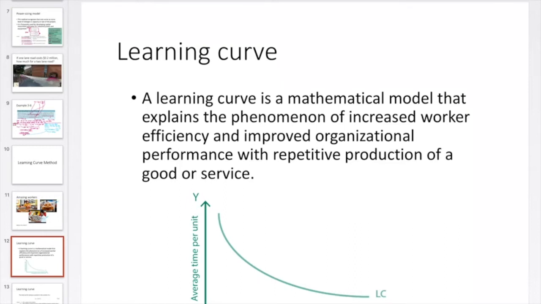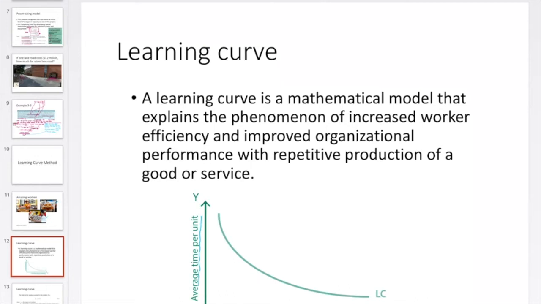So the more you produce, the more efficient you can be. And on this chart, the x-axis is the cumulative volume of production. So it means how many products you are making. And the y-axis is the average time per unit. So that means how much time it costs for each unit you produce.